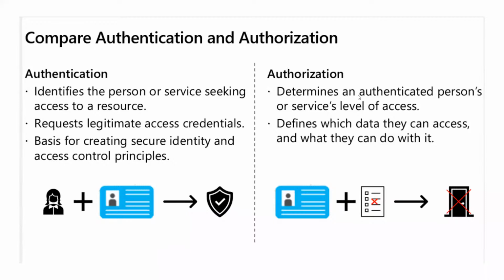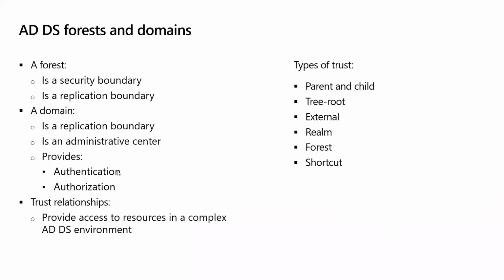Authorization determines your access. Let's say you purchase a ticket to Cinema 1. That means you are authorized to go to Cinema 1. And you are not authorized to go to Cinema 2 because you're not permitted to. Right? Authentication, who you are. Authorization, the location you want to access.